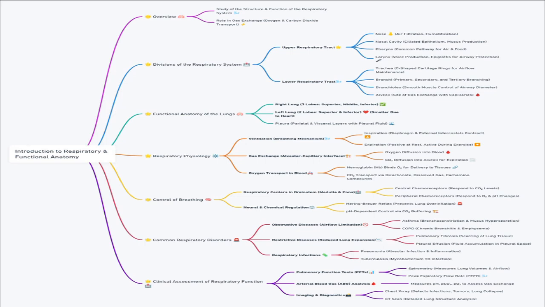The composition of the walls of the airway: the walls of the primary, secondary, and tertiary bronchi contain progressively less cartilage and progressively more smooth muscle. The walls of the bronchioles have no cartilage, but consist mainly of smooth muscle.